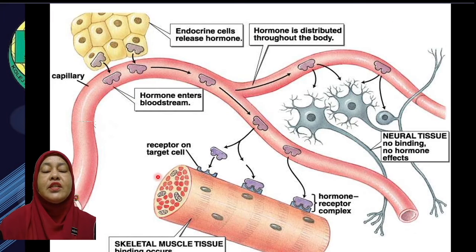This is another diagram showing how hormone is transported from the endocrine system to the target cell, which consists of a receptor.